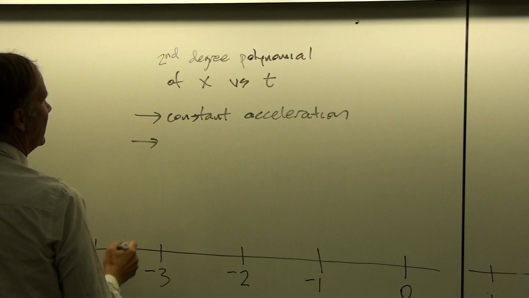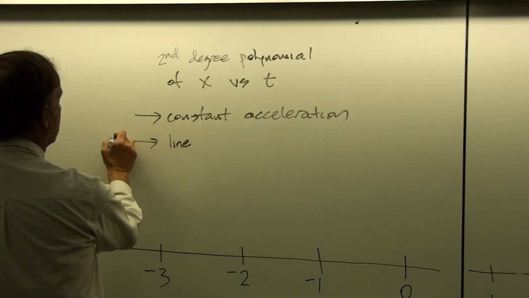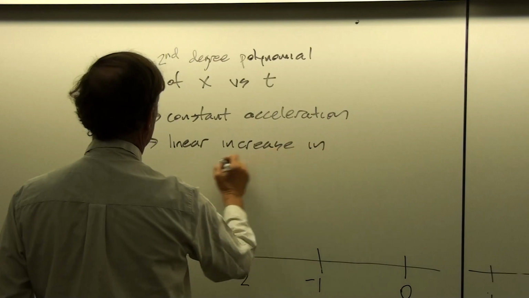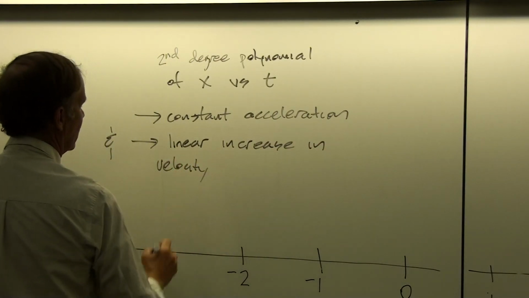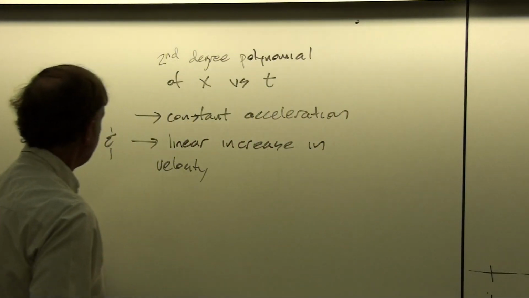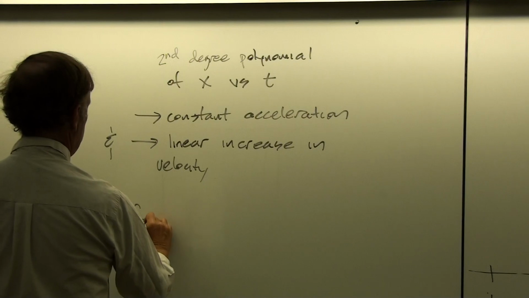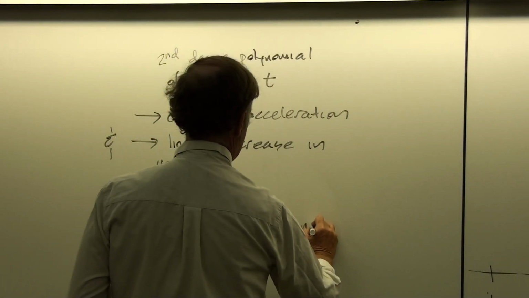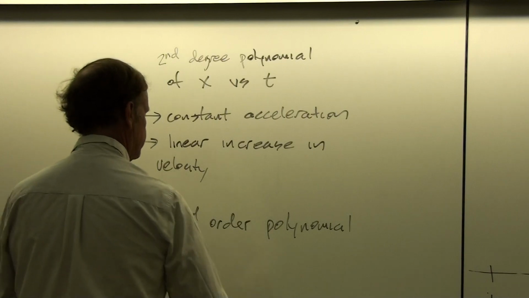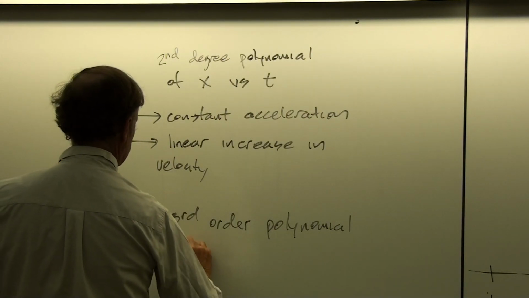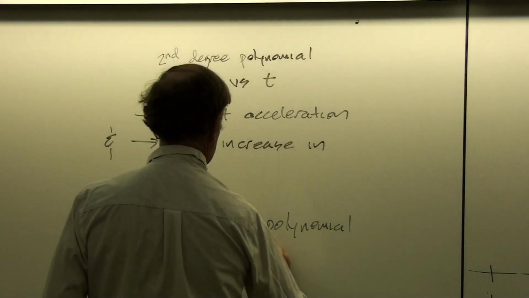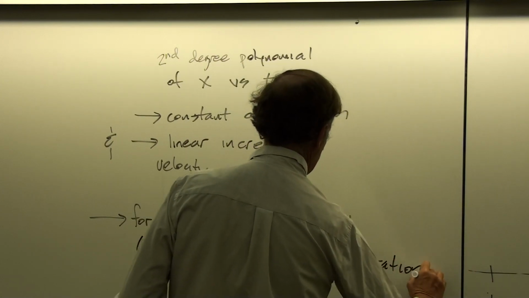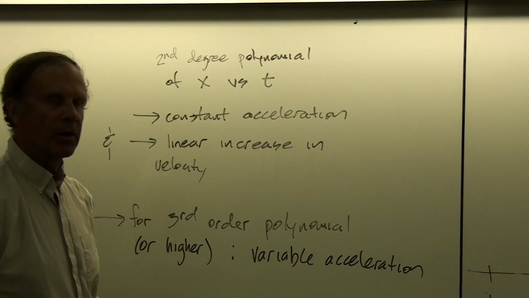And that's the same thing then as a linear increase in velocity. But for a higher degree polynomial, we have a variable acceleration. Now with a variable acceleration, the motion is a little more complicated.